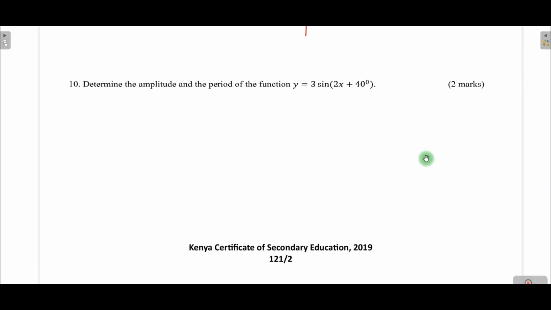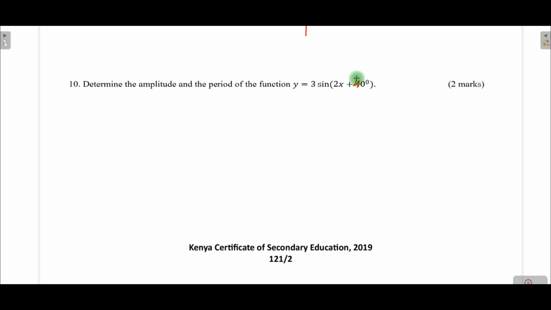Question number 10. Determine the amplitude and the period of the function y is equal to 3 sine 2x plus 40. So this is 40.